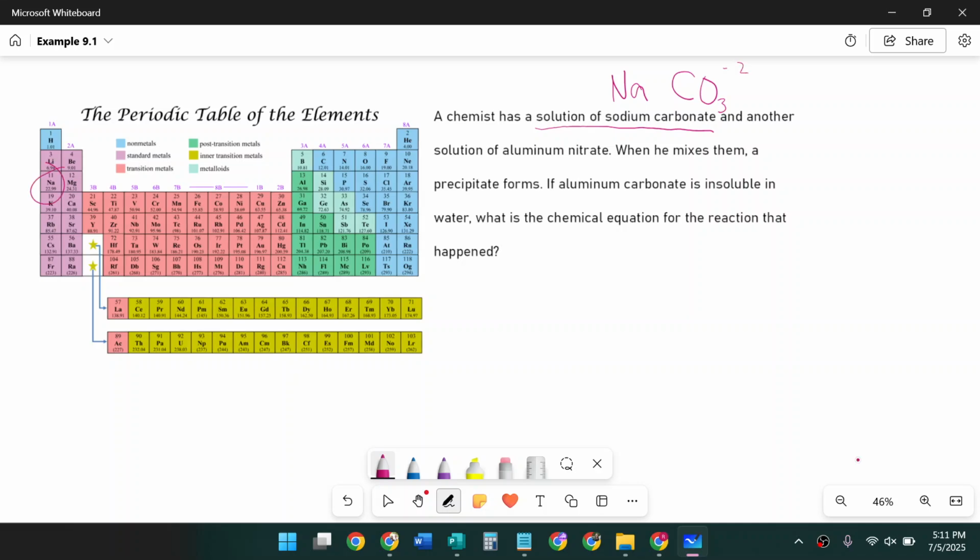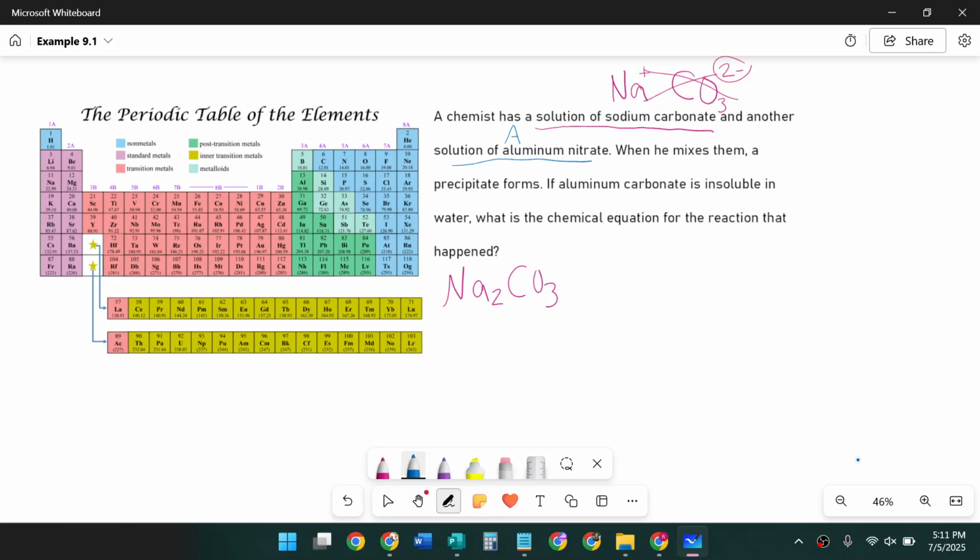Sodium is over here, and that one has a plus. I should have written it 2 minus. So when you combine those two, you have Na2CO3.